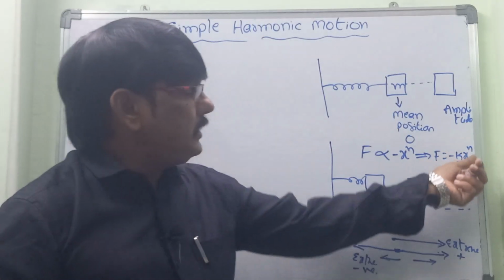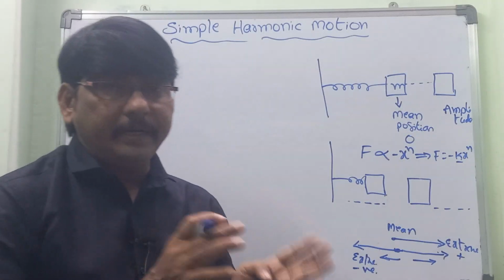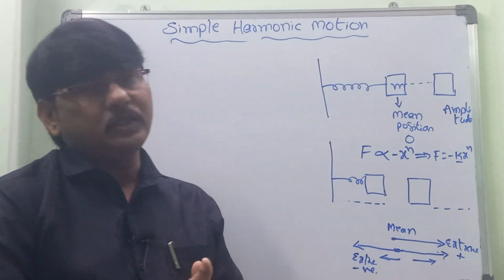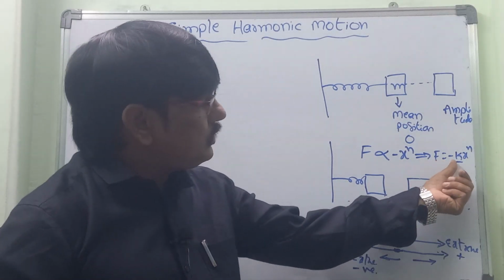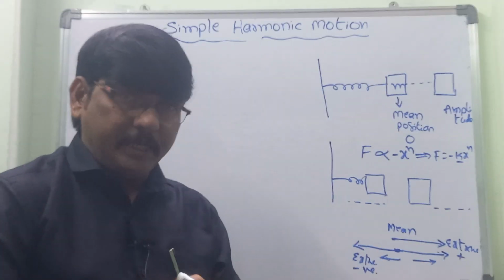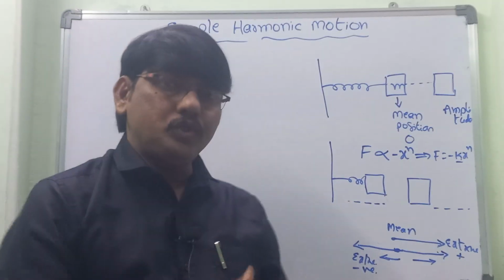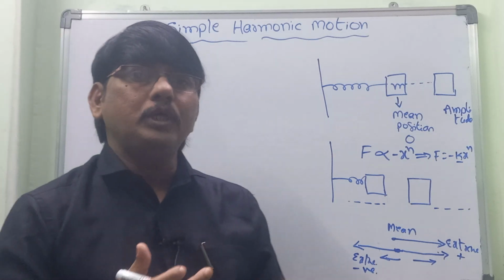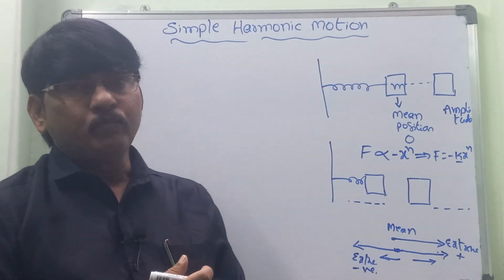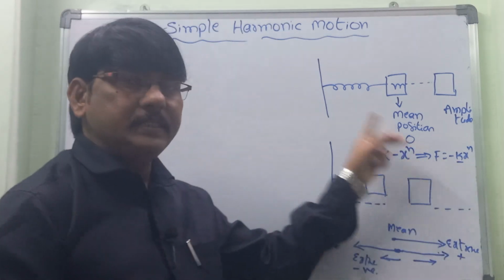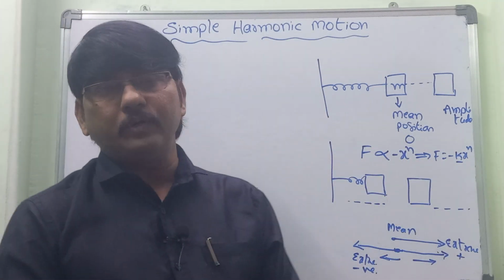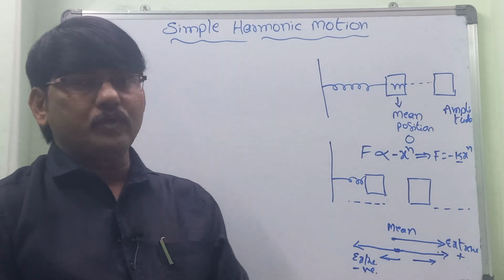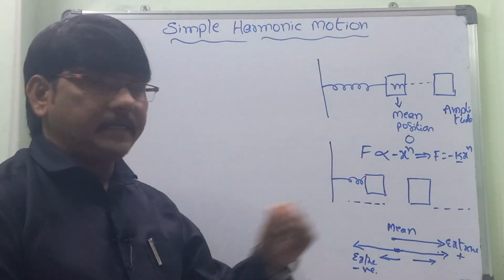If you observe the negative sign, it shows that the applied force and displacement are in opposite directions. So the motion of the particle is opposite to the displacement from the mean position. That is what we call oscillatory motion.